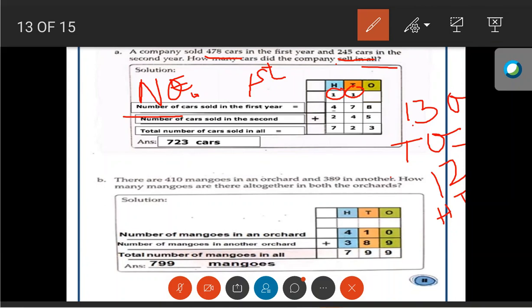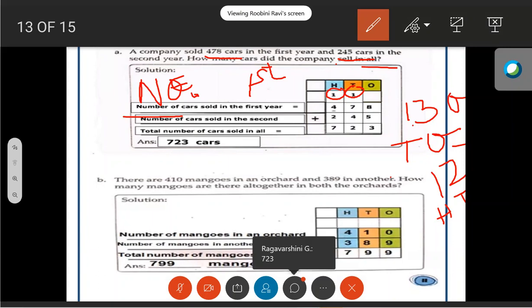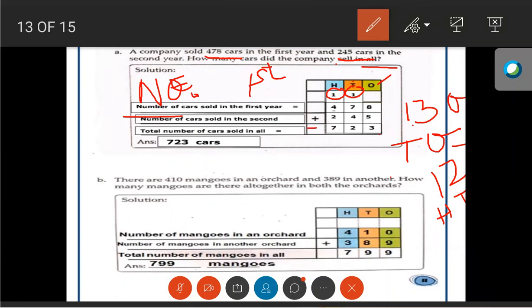And 5 plus 2 is 7. 700, 20, 3 ones is 723. Now the answer is equal to 723 cars. You have to write this at last.